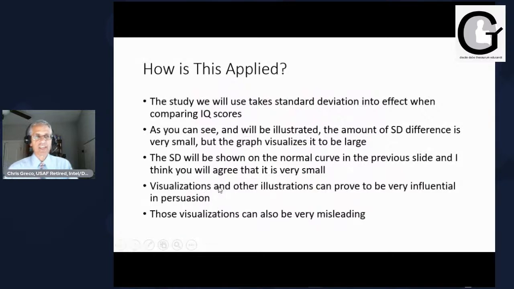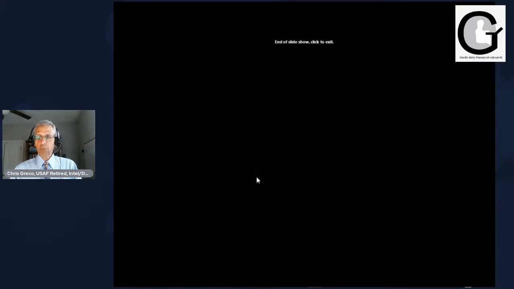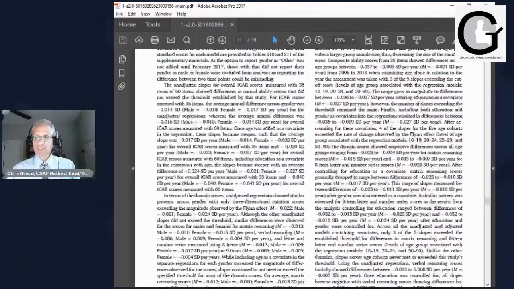Visualizations and other illustrations can prove to be very influential in persuasion, but they can also be misleading. Not that the study tried to do that. They presented the data, they presented everything that they had there, but it's important to understand what the difference is and why those differences exist.